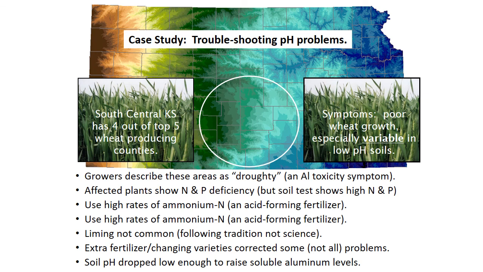And in this case, or in all cases, aluminum at too high a concentration becomes toxic to plant roots. And so they were trying to grow a wheat crop with a severely stunted root system on their wheat plants. So this is an example of the need to manage soil pH so that we can avoid some of these issues that we get with really acidic soil pHs.